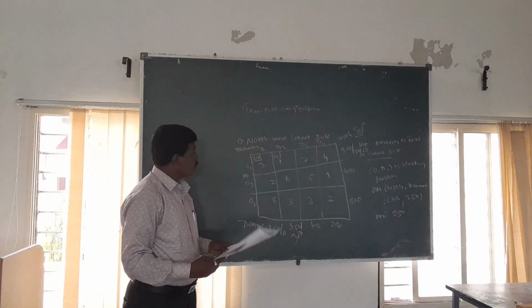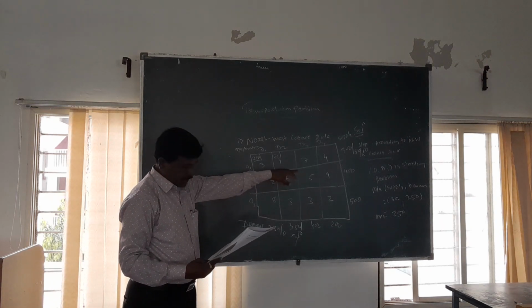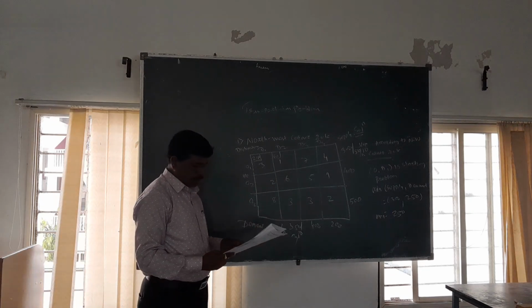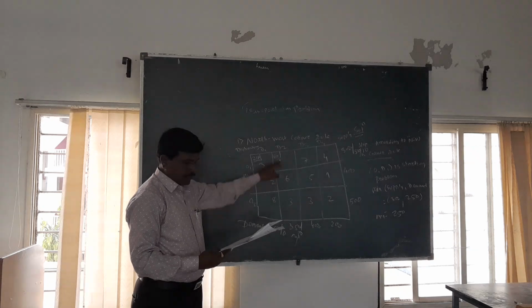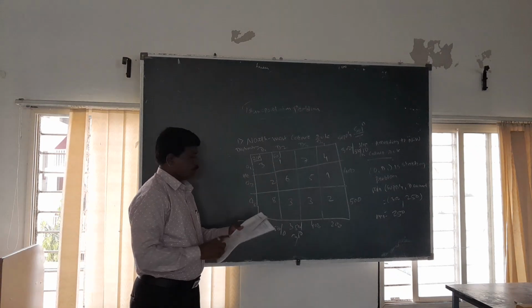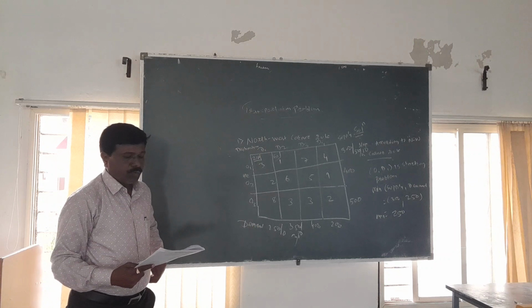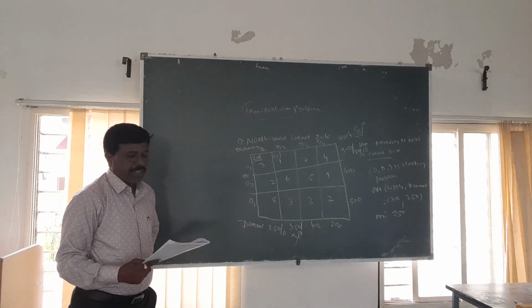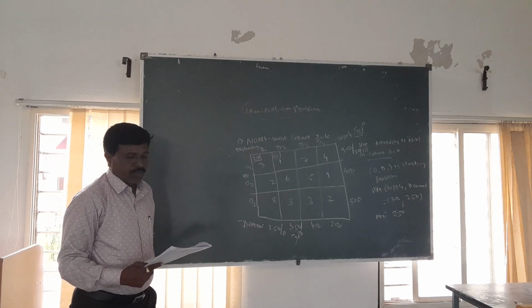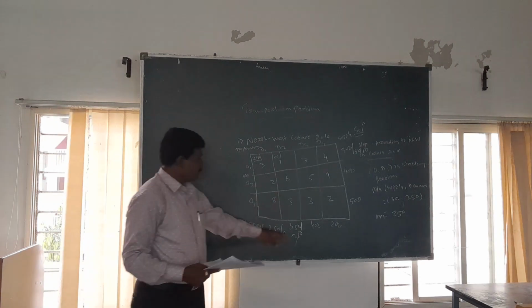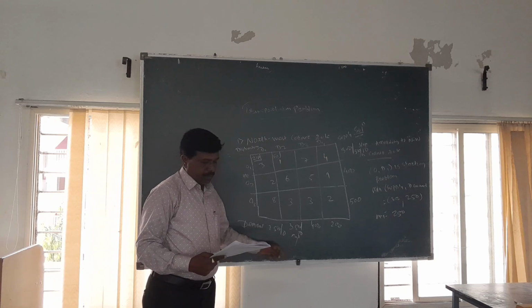The supply of O1 is 50, which is less than the demand of D2, 350, so allocate 50 to the cell O1 D2. The supply of row 1 is completed and cancelled, and the remaining demand of column D2 is 350 minus 50.